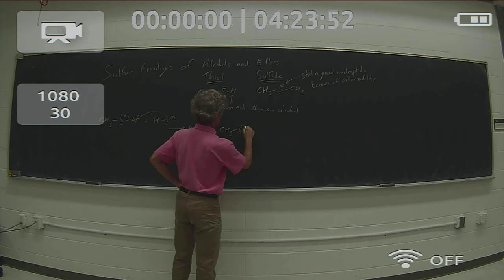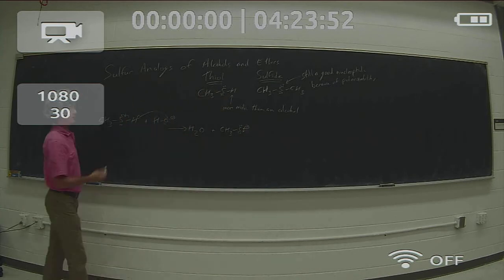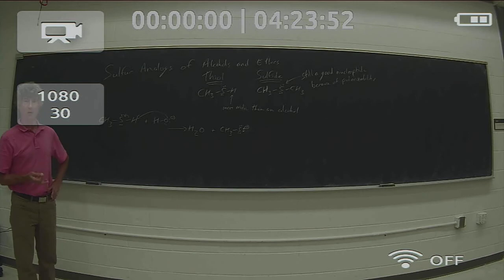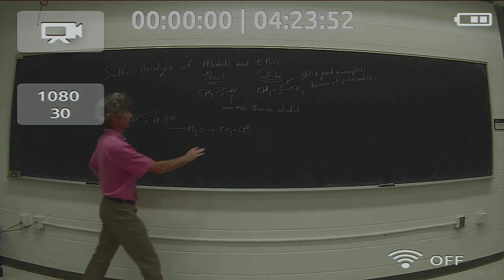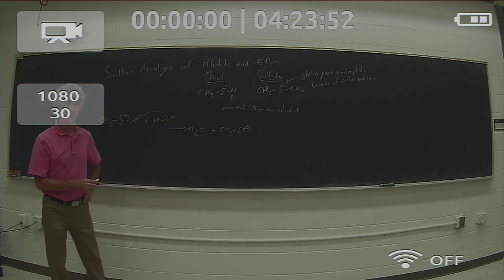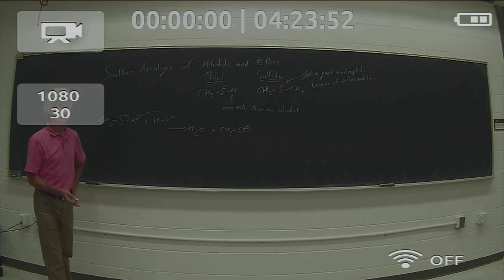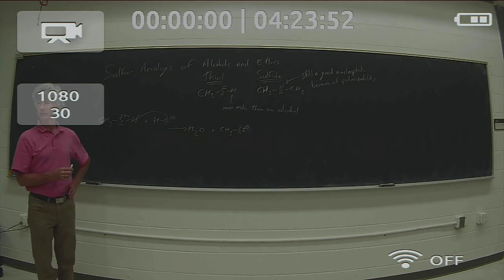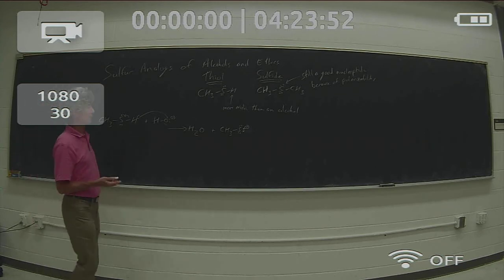Oops. Took that hydrogen off. So we can readily generate the sulfhydryl anions, and these sulfhydryl anions are excellent nucleophiles, but pretty weak bases because of the increased acidity of the sulfhydryl group, or thiol group.